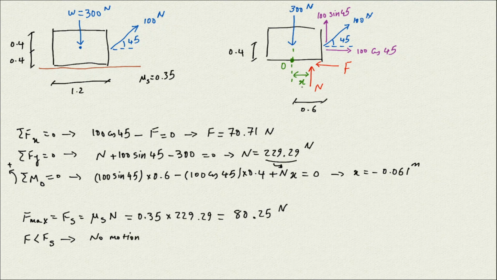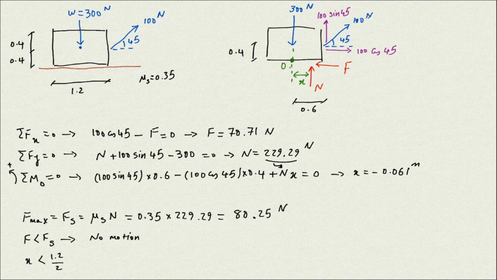Also, look at this distance here: the x is smaller than 1.2 over 2, because x is between these lengths, within half of the length.